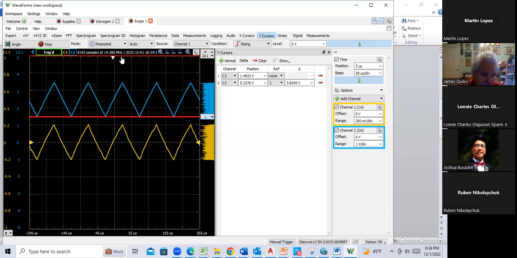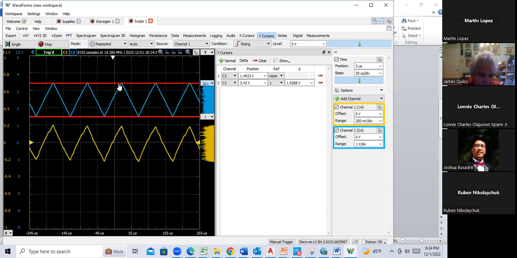I'm still kind of confused why the scale doesn't agree with the WaveGen. But essentially I've got like a gain of 19 divided by 10, 19.2. So it's a little bit over 9.5.